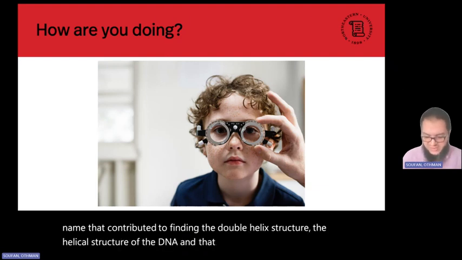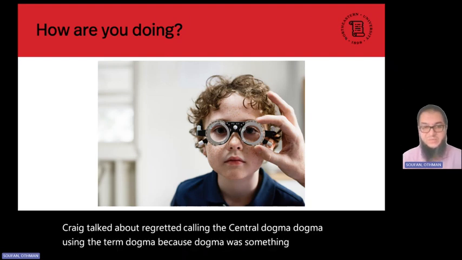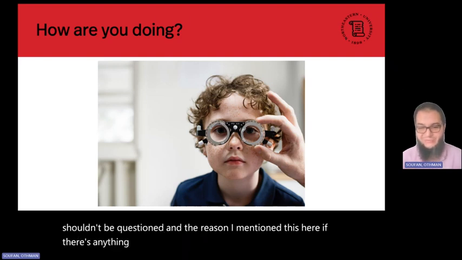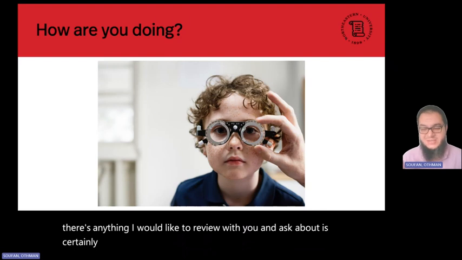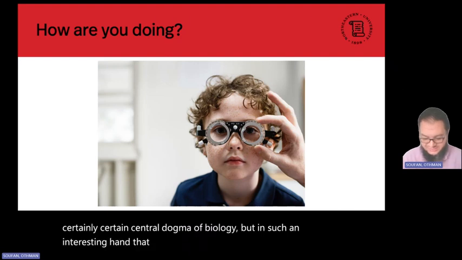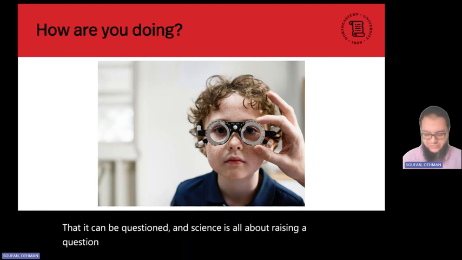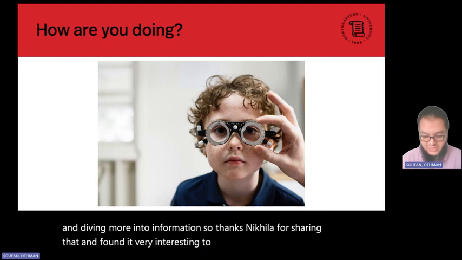Crick regretted calling the central dogma a dogma, because dogma was something that shouldn't be questioned. And the reason I mention this here, if there's anything I would like to review with you and ask about, is certainly the central dogma of biology. But it is such an interesting hint that it can be questioned, and science is all about raising questions and diving more into information. So thanks, Nikhila, for sharing that. I found it very interesting to share with all the students.